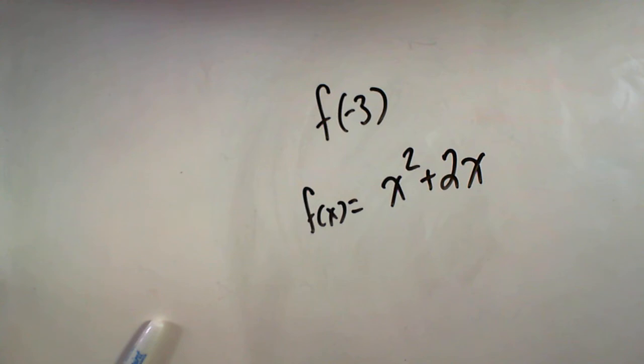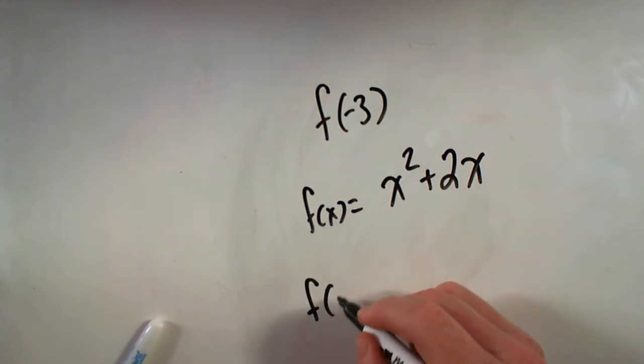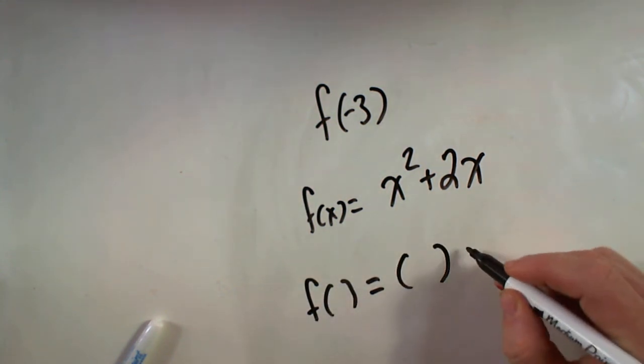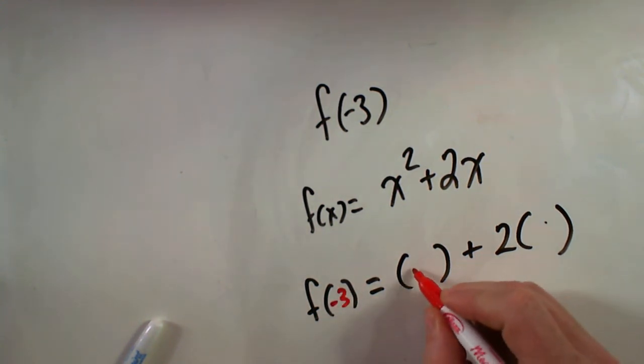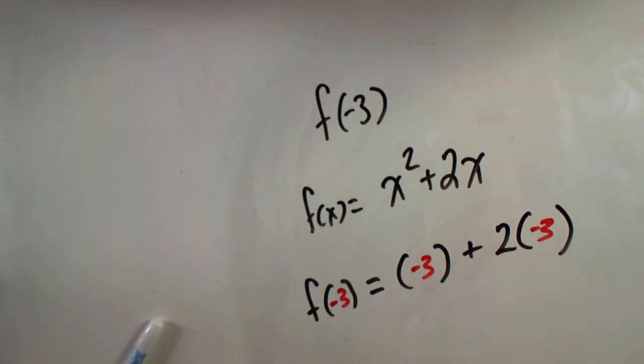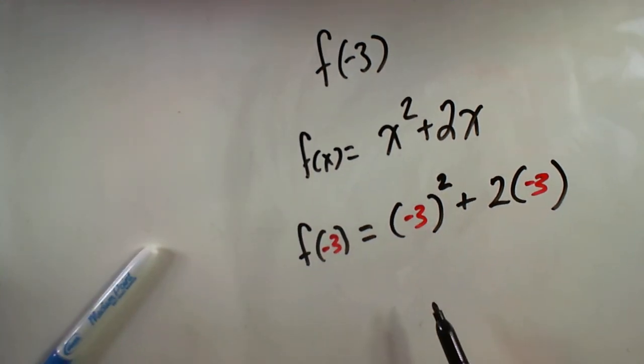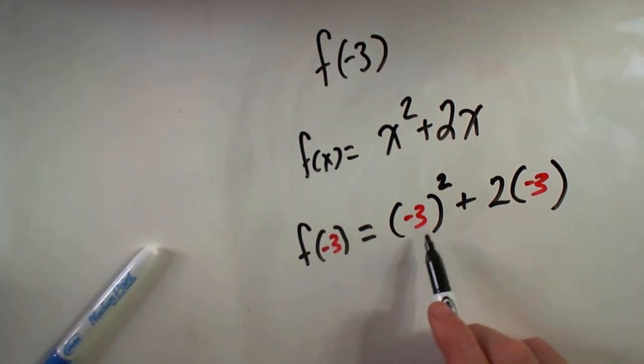Again, pay attention to your negatives. So when I plug this in, I have f of negative 3 equals, now notice I put those parentheses there, so I'm going to replace everywhere there was an x, I'm going to put in that negative 3. Now, put those square. So, if you put it in the calculator improperly, this could be a problem.